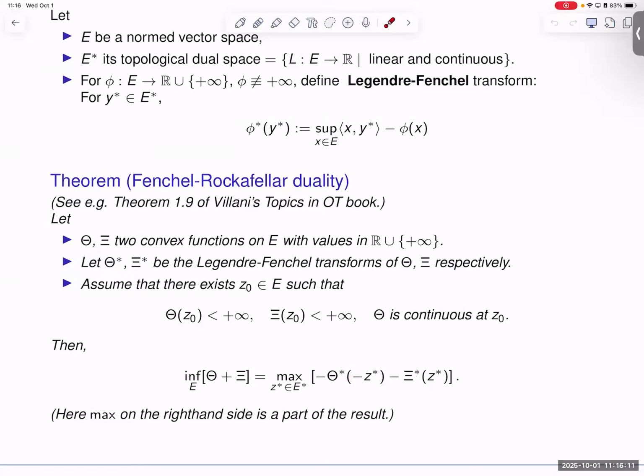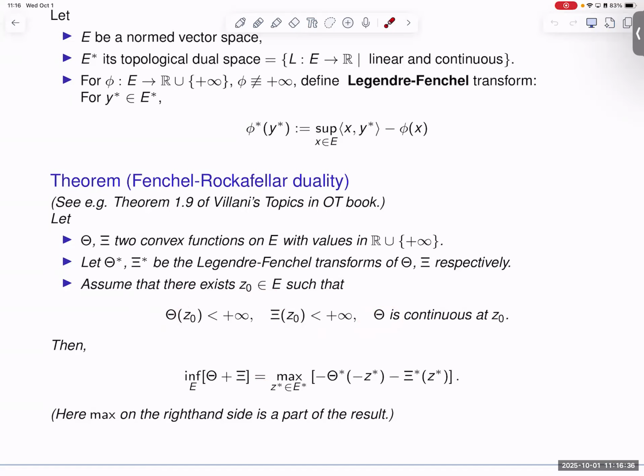Okay, but two things, actually three things, and this equality requires this assumption: there is at least one point where this phi and psi are both finite, and at that point, we want one of the functions, just phi, to be continuous.